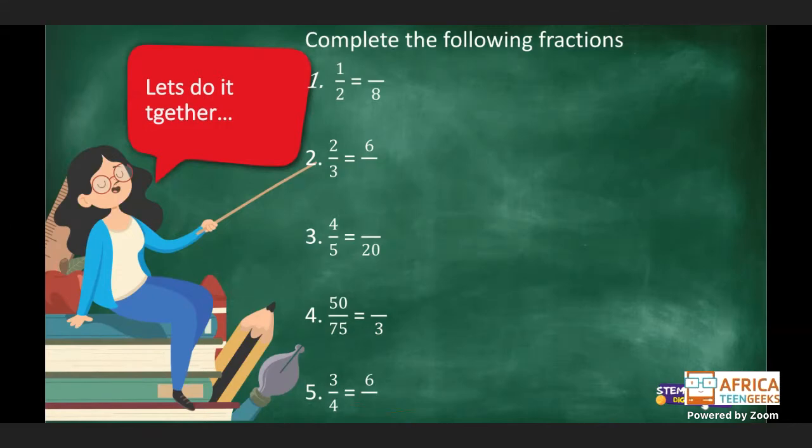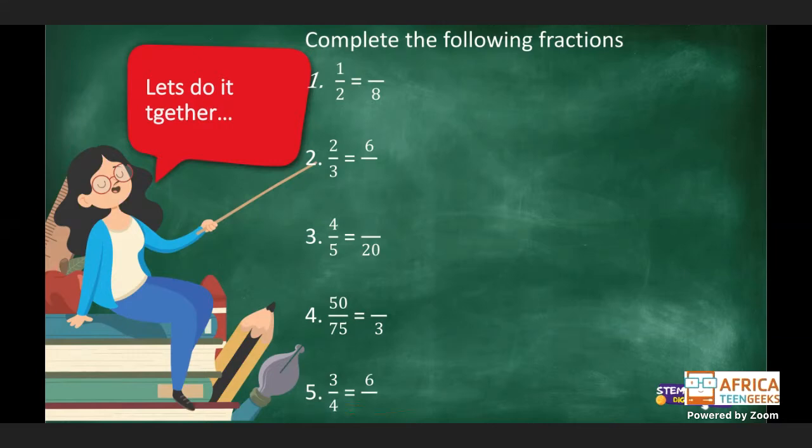If we multiply 1/2 by the very same number, we multiply our numerator and our denominator by the very same number, the new fraction will be equivalent to 1/2, because when we simplify it and we divide it by 2, we will go back to 1/2, right?